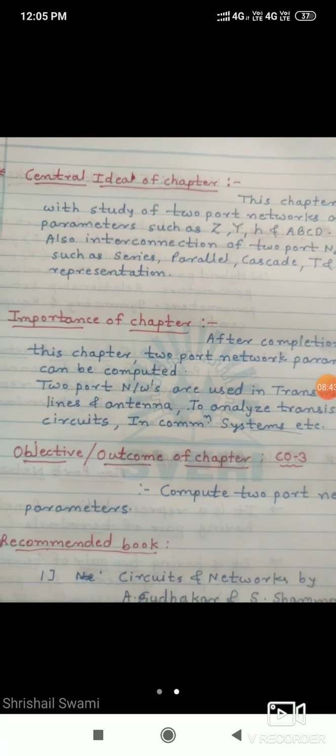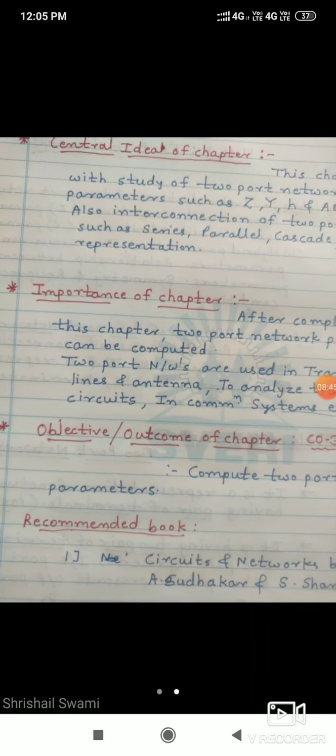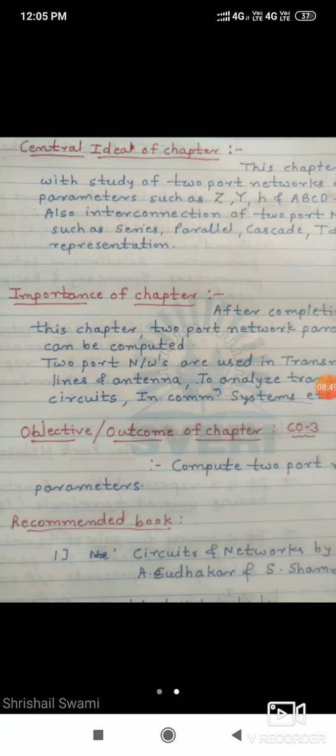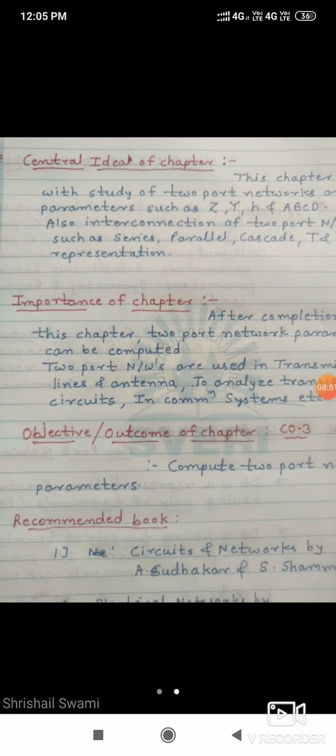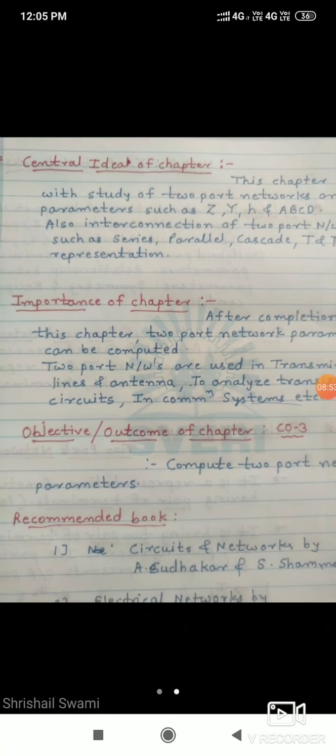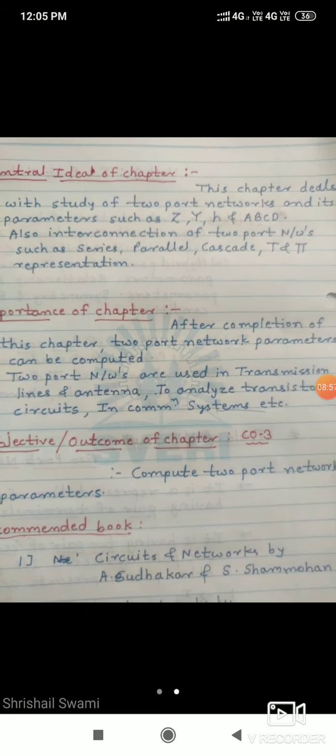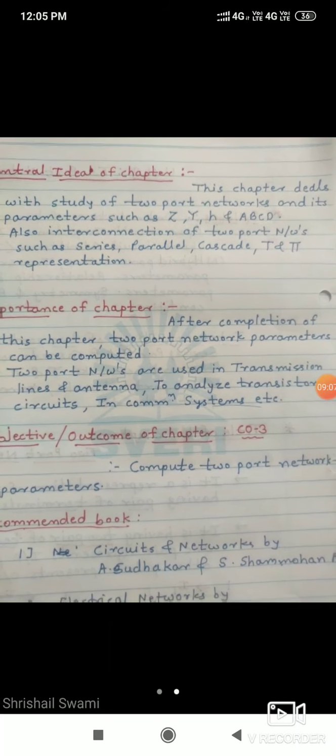Okay, everyone note down. Similarly, the importance of the chapter. Importance of the chapter means why we are learning this chapter. After completion of this chapter, the students will be able to compute the two port network parameters. That means the student should be able to find out two port network parameters. Okay, so this is our aim.